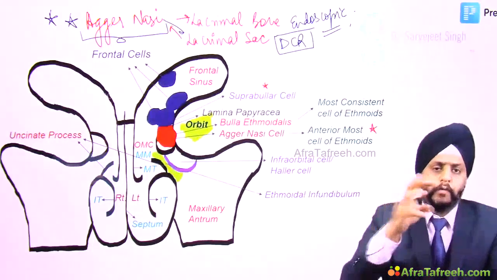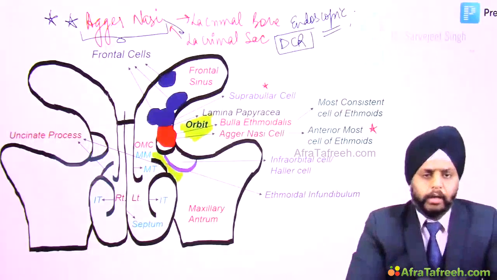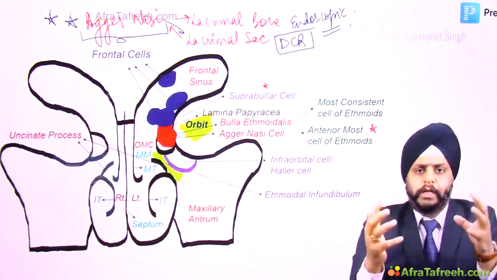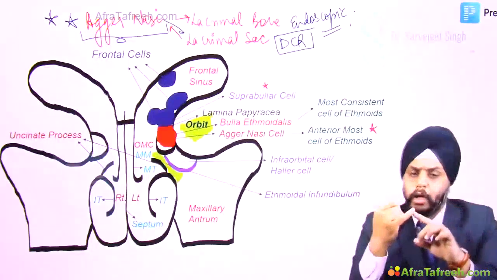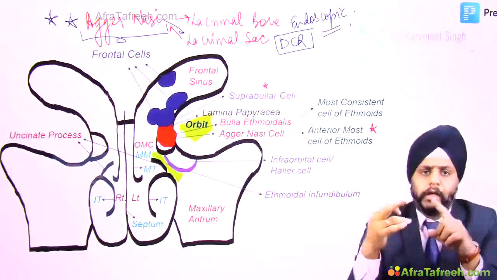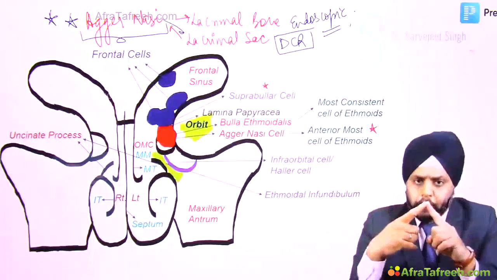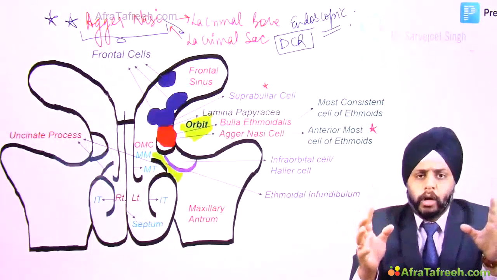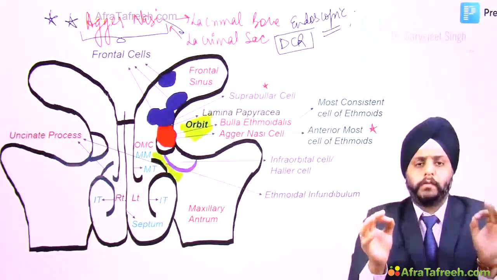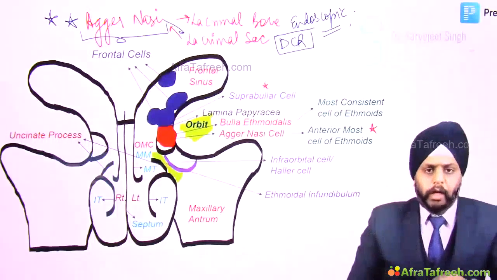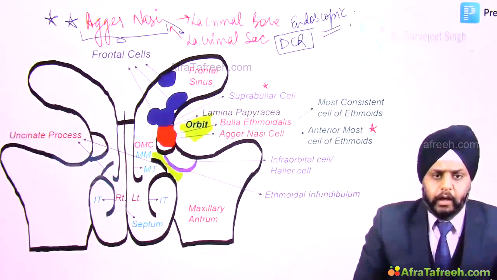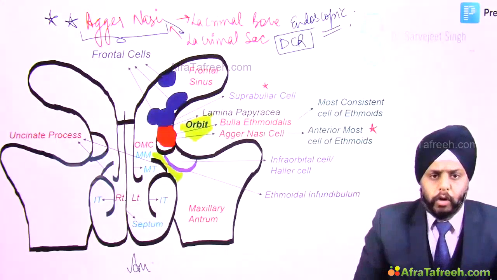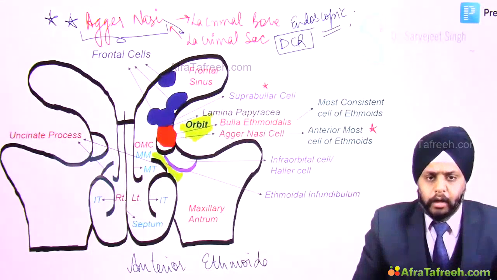We have seen a lot of ethmoidal air cells. All these ethmoidal air cells that I have talked about, the bulla ethmoidalis, the agar nasi, the suprabullar, the infraorbital or Haller cell, the frontal cells, these are all anterior ethmoidal air cells.